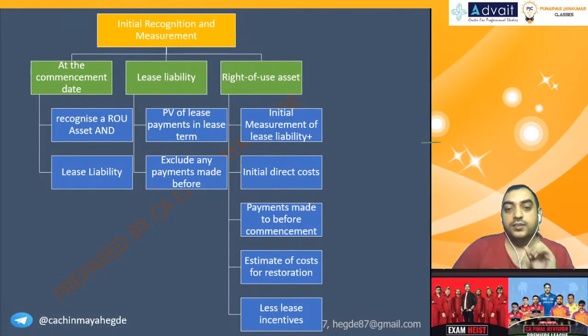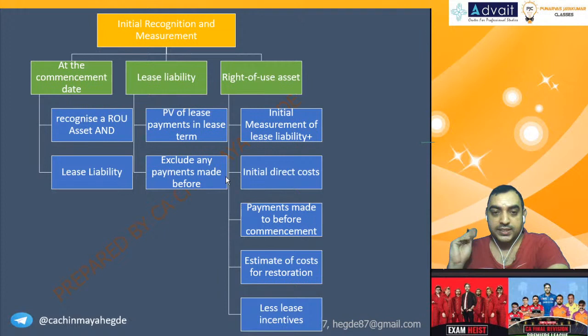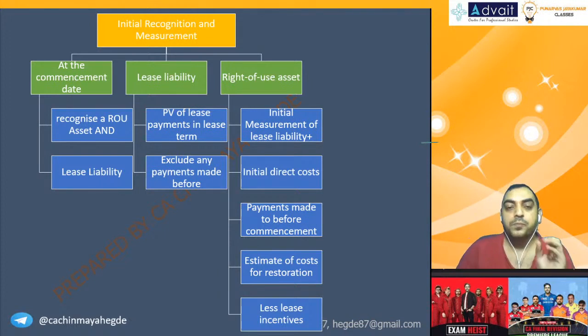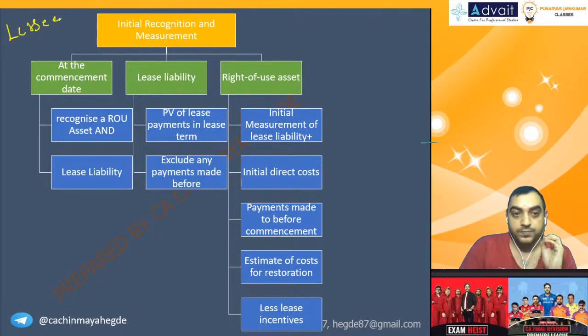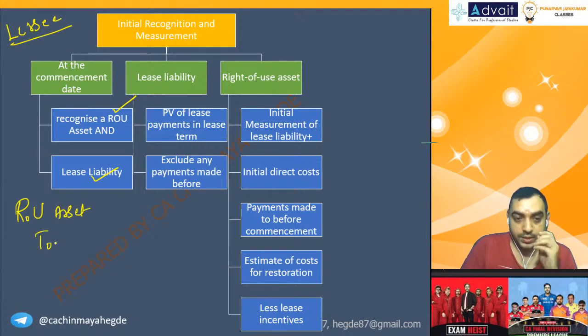Lease accounting, this is an important point. Let us discuss this. On the commencement date, lessee, this is lessee, remember, he recognizes ROU asset and lease liability. So the journal entry is ROU asset to lease liability.